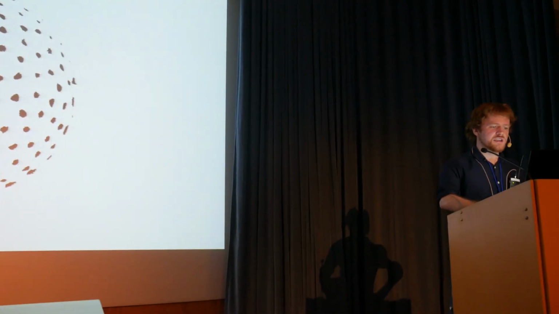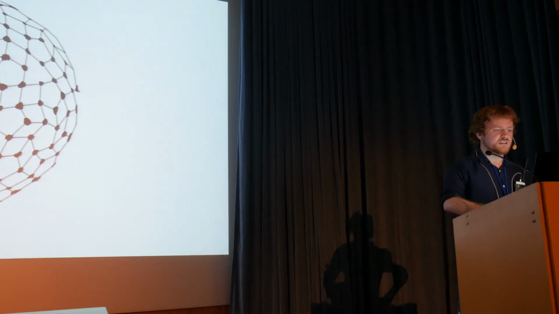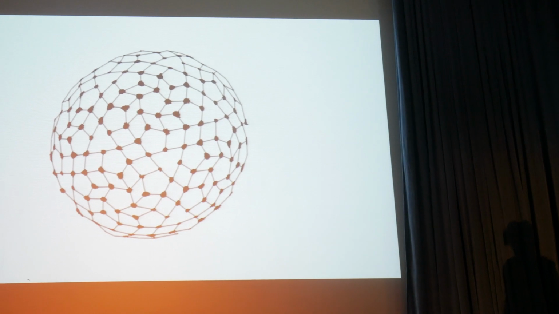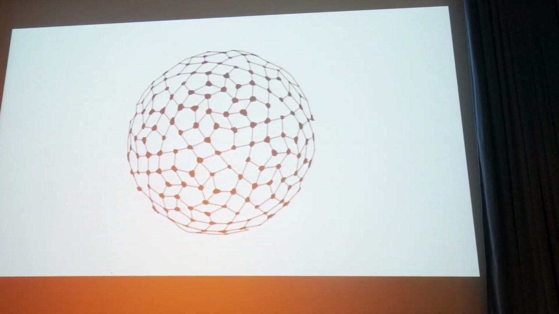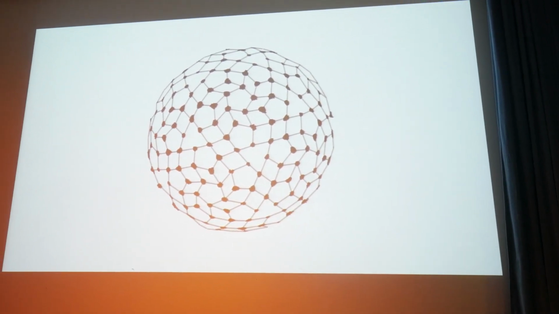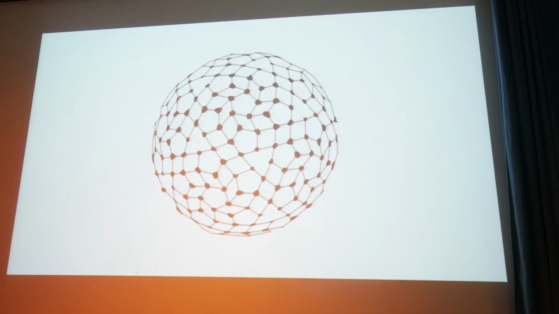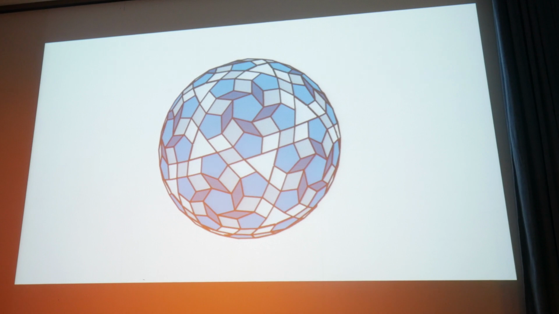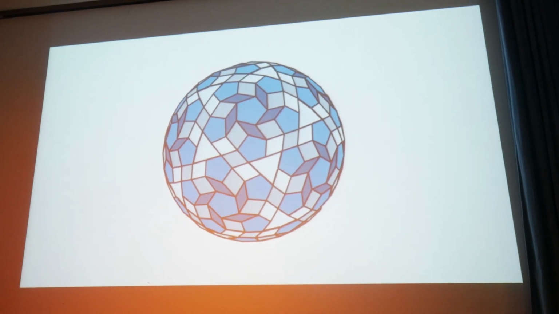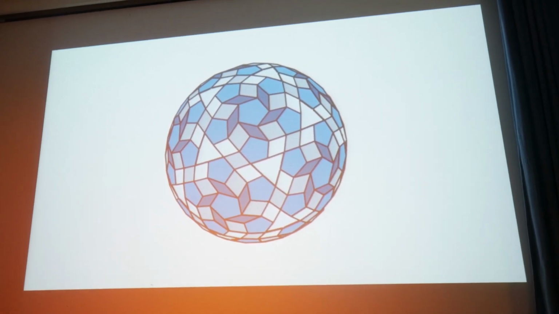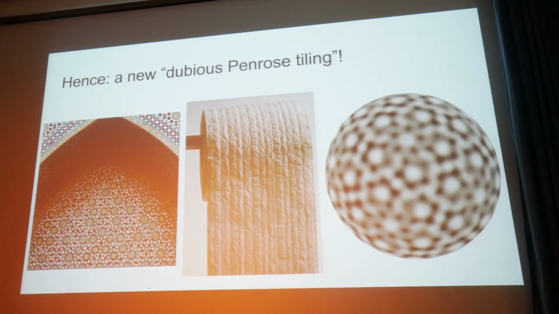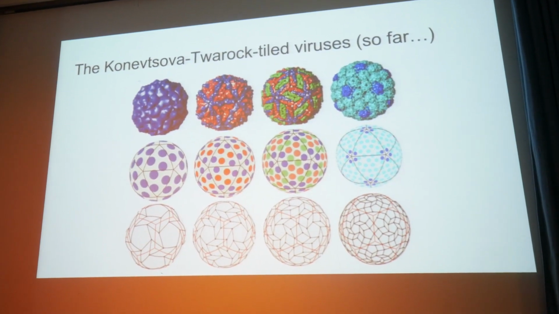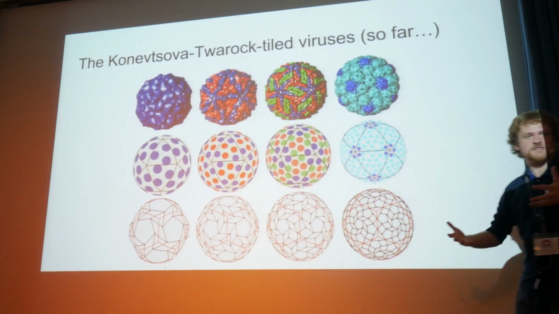And if we join up those proteins that have a connection to one another, we get this nice thing. And this is sort of, I guess you'd call it, a polyhedron. If we just colour in the faces, then we get this. And that is what you saw at the beginning. There are a large number of viruses that you can do that exercise with.